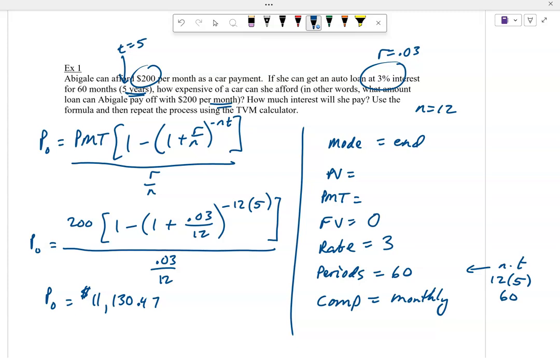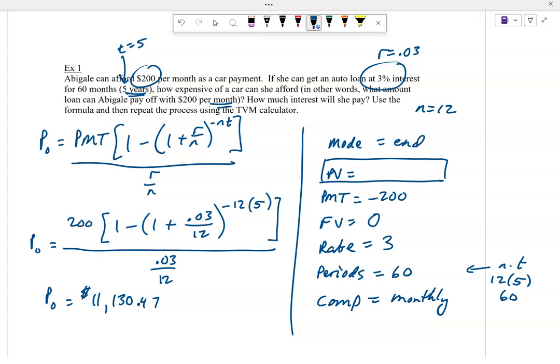In other words, after you make the 60 payments, I will owe the bank nothing. We're solving for how much loan we can get. We're going to make a payment of $200 a month, so it's costing us $200.